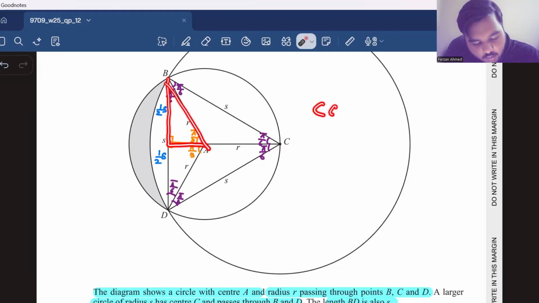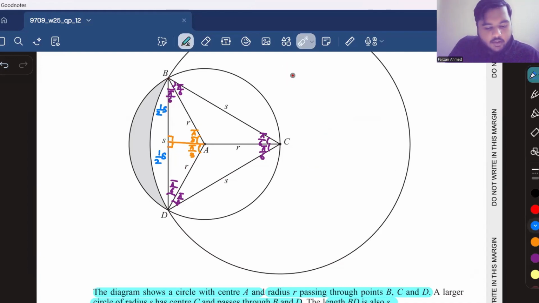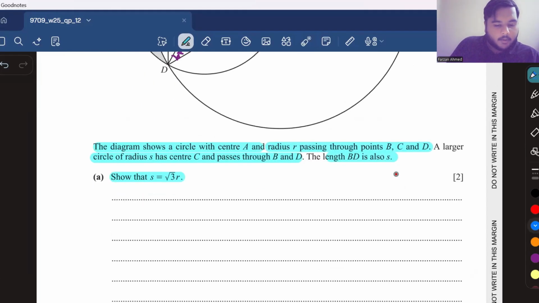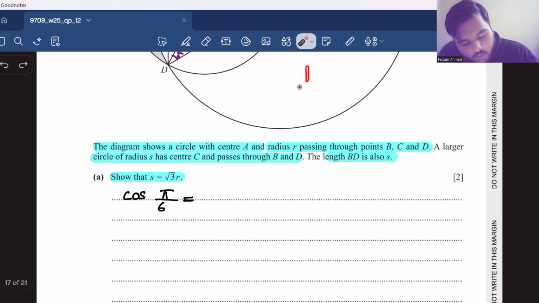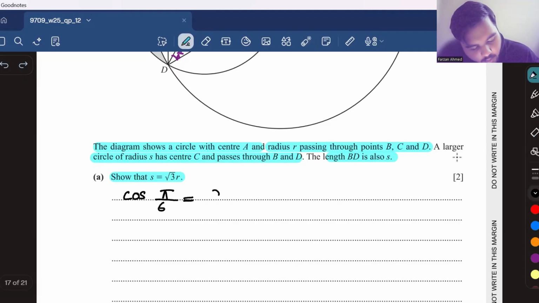Cos is equal to adjacent upon hypotenuse. So cos pi upon 6 is equal to adjacent, which is 1 upon 2 s, over the hypotenuse r. 1 upon 2 can be written as 0.5, so I am writing 0.5 s upon r.